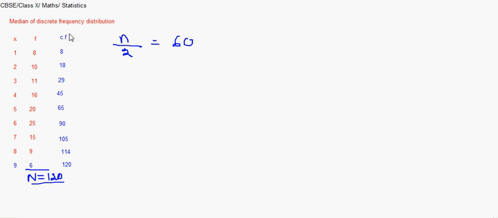If we look, there is no 60 but the closest is 65. Because we cannot take anything below 60, we have to take an observation which is greater than 60, so that makes it 65. This 65 is against x, which is 5. So the median for this observation is 5, when we are doing n by 2 and got it to be 60.